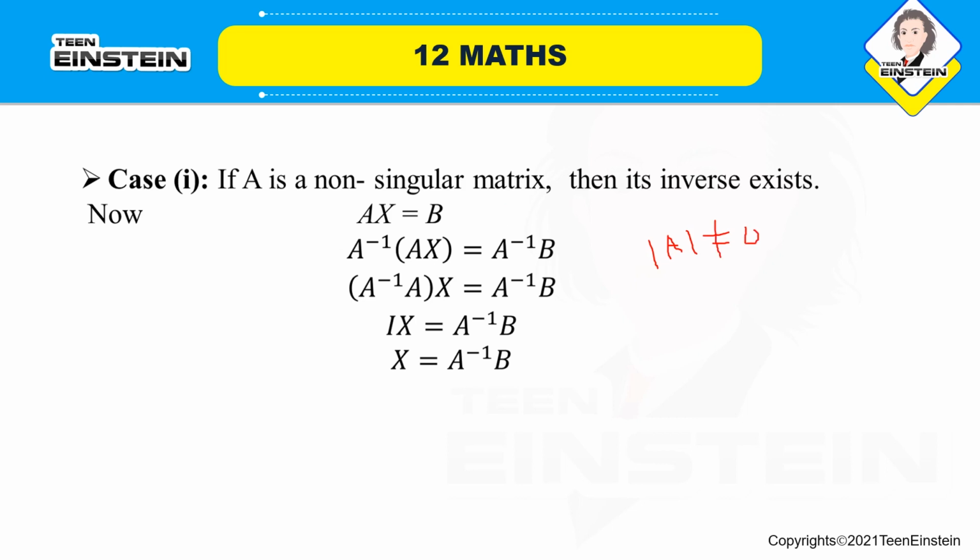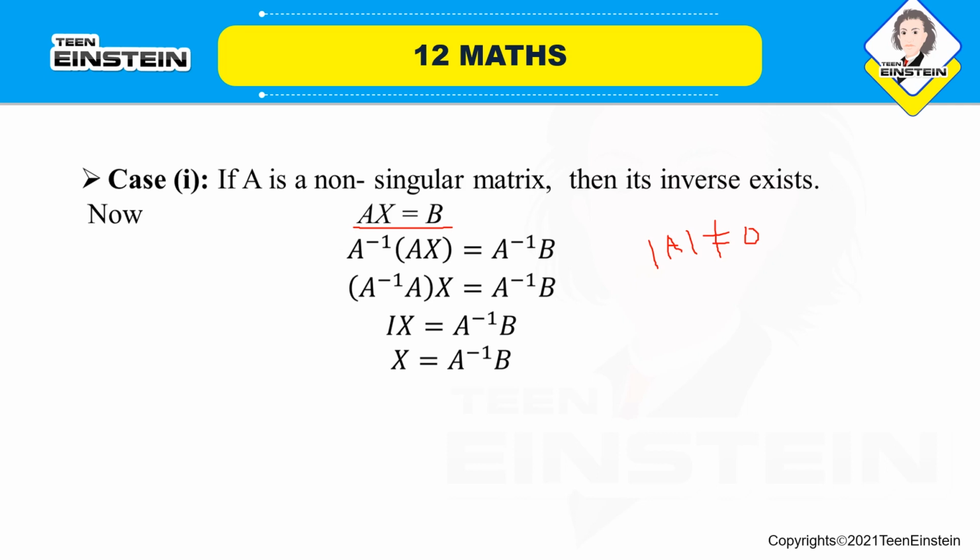So, I'm going to multiply the matrix equation AX equal to B by A inverse. How am I going to multiply? Pre-multiplying by A inverse on both sides. So A inverse of AX equal to A inverse into B.